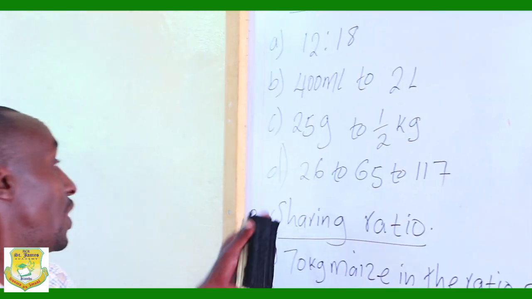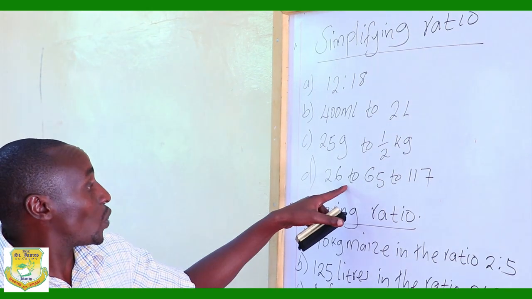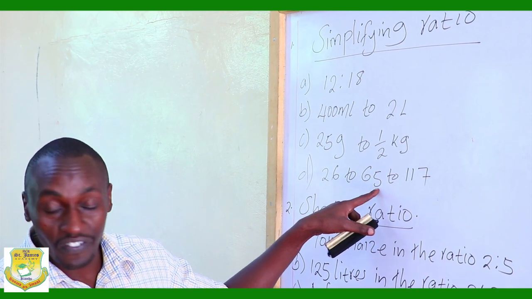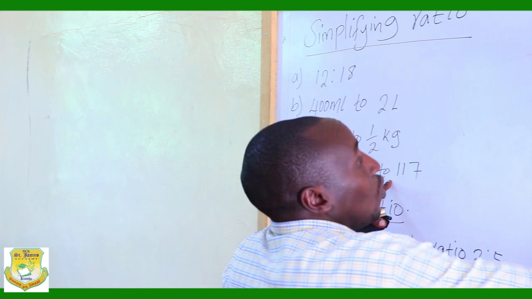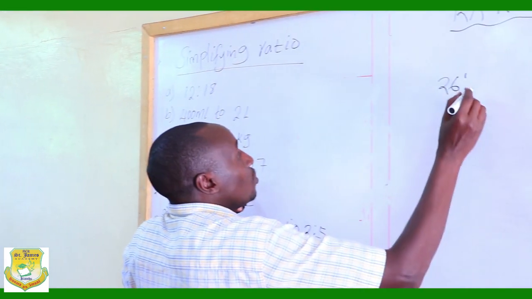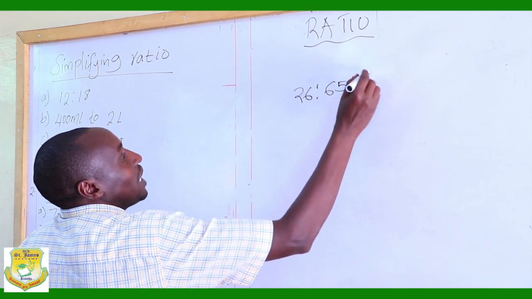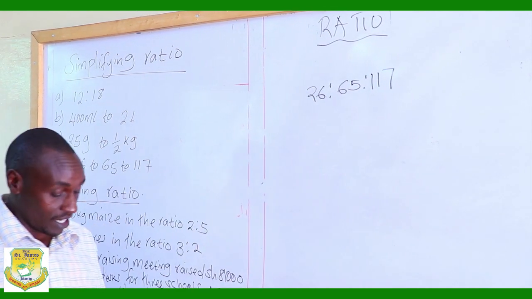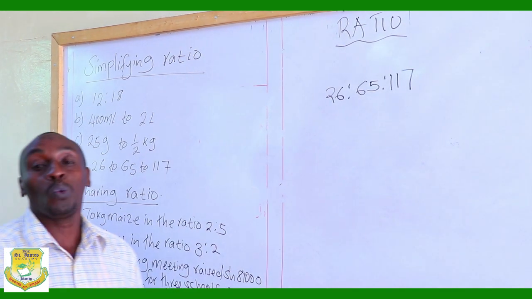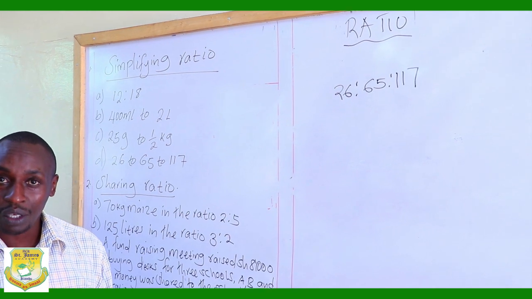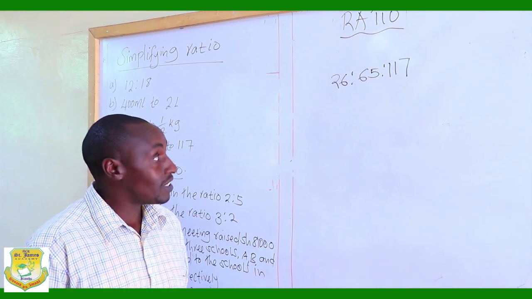The last example, that is D, in simplifying the ratio, we are given 26:65:117. Because we are told to simplify, we look for a common divisor or factor.